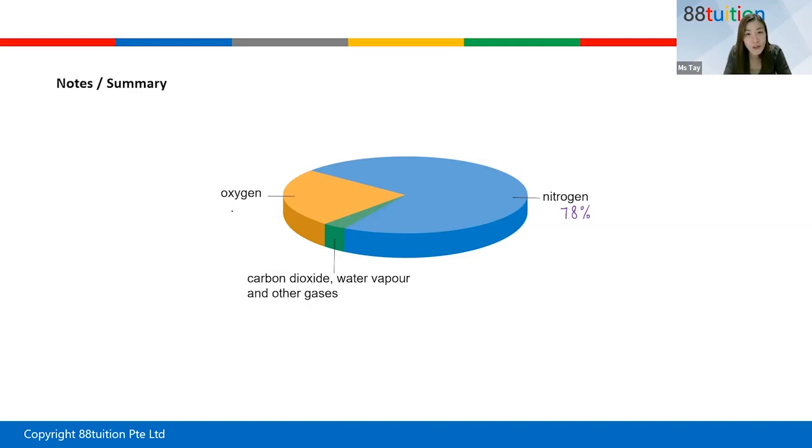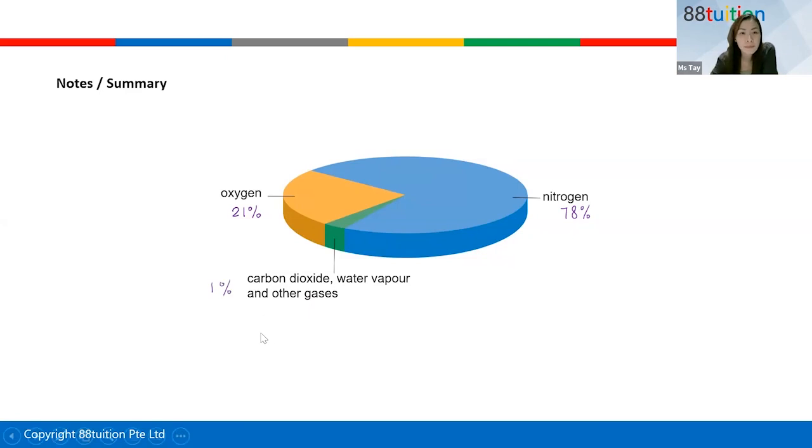So for oxygen, it is about 21%. The rest is carbon dioxide, 0.04%, and also other gases. So this takes up about 1%.